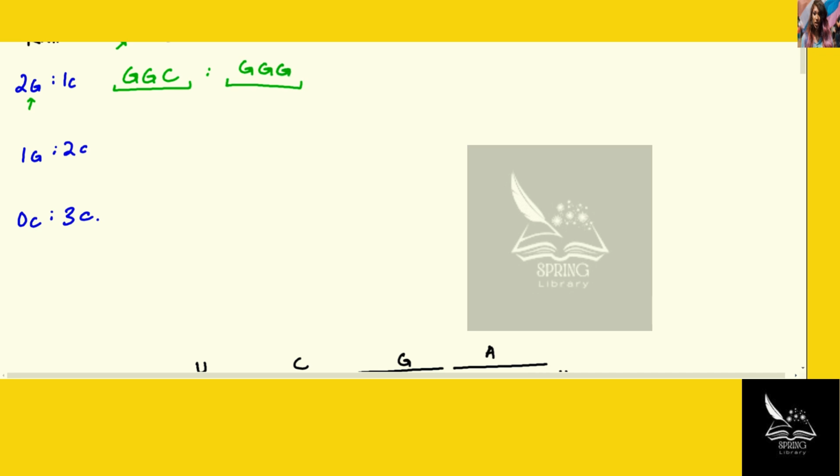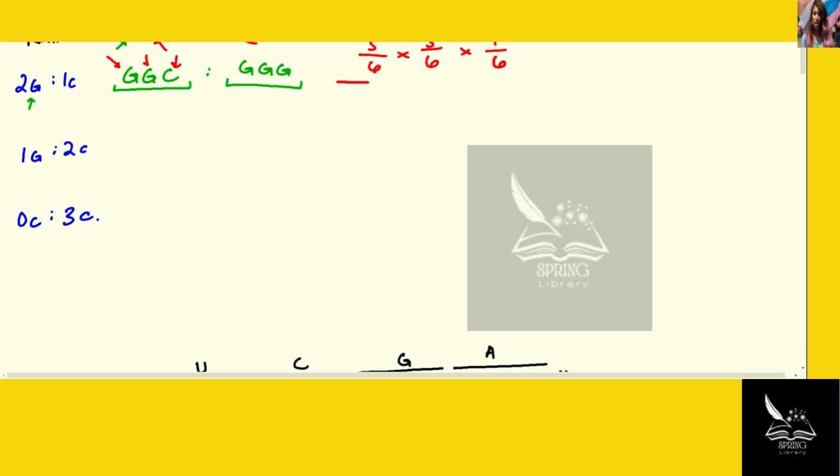So the chance in this solution of coding just for a guanine is going to be 5 out of 6. Because pulling 6 times from the solution, 1 time you're likely to get a cytosine, whereas 5 times you're likely to pull the guanine. So again, for the second guanine, you have a 5 out of 6 chance. Whereas for the last nucleotide, the cytosine, you have a 1 out of 6 chance or probability.